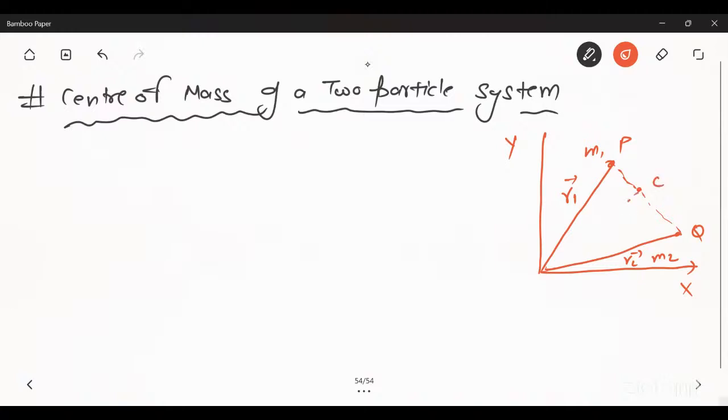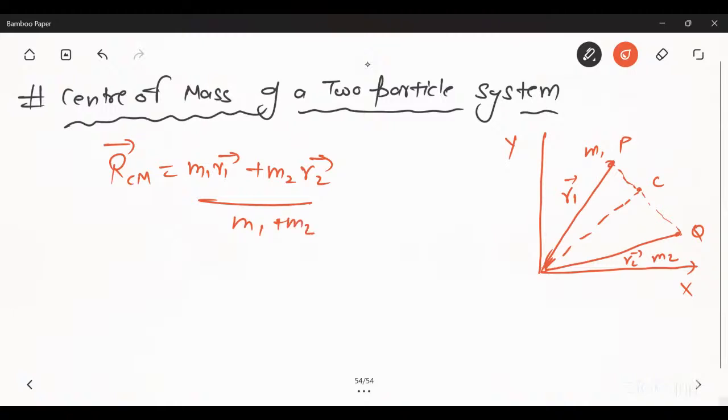So the position vector of point C will be denoted by RCM vector. RCM vector means the position vector of the center of mass. Center of mass at point C will be m1 r1 vector plus m2 r2 vector upon m1 plus m2.